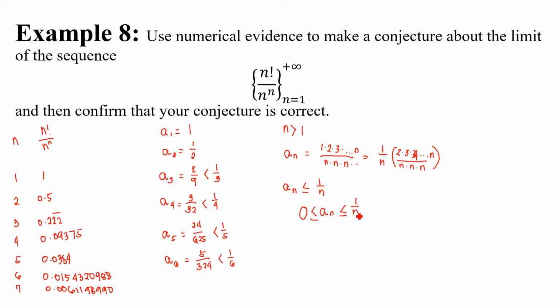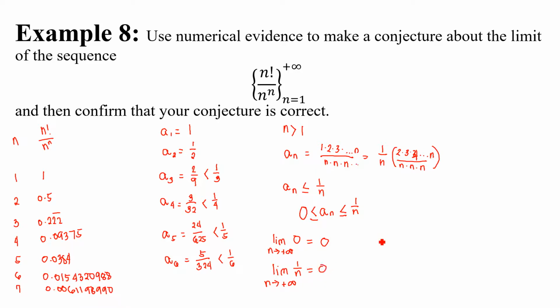So in this case, the limit of 0 as n approaches positive infinity is equal to 0, and the limit of 1 over n as n approaches positive infinity is equal to 0.